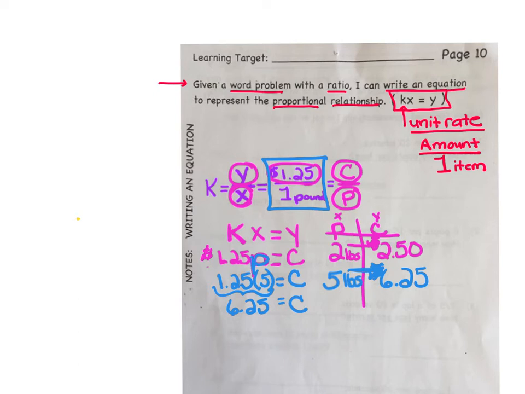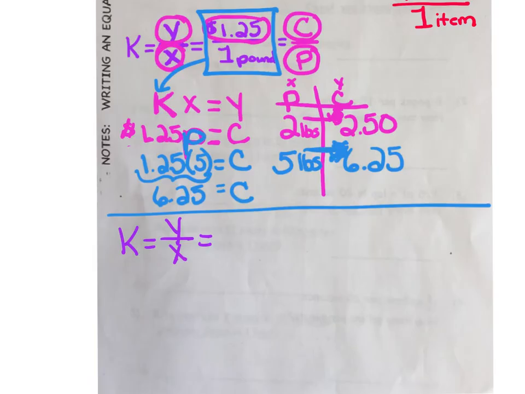And that was easy to substitute in for K. But what happens when you're not given a unit rate ratio? You're just given a regular ratio. Let's take a look at what has to happen there.